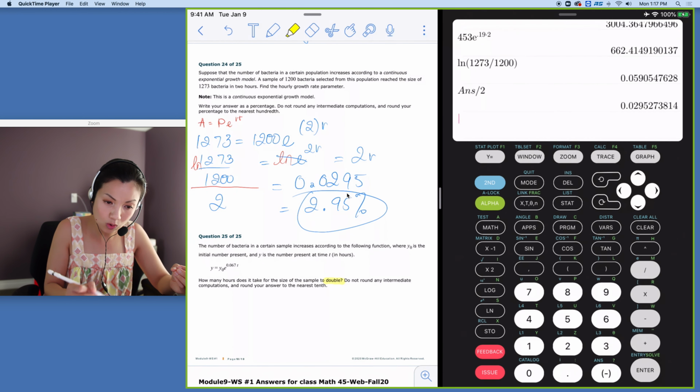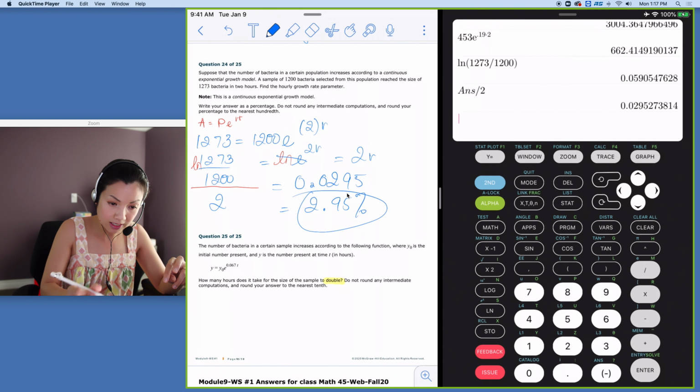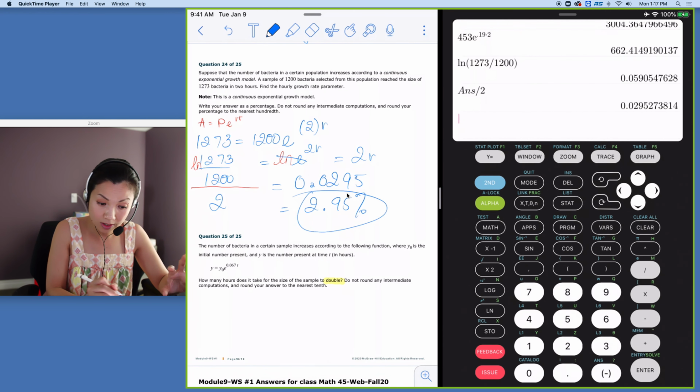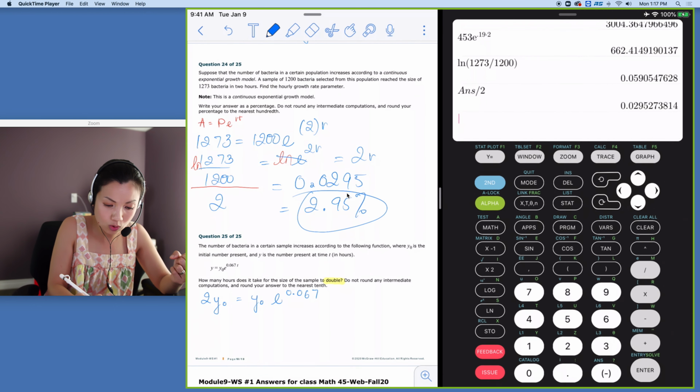Okay, so if y naught is 1, y is going to be 2. So that's how I set up the equation. So it's going to be 2y naught equals y naught e to the 0.067 t. They're asking you for time, so t.